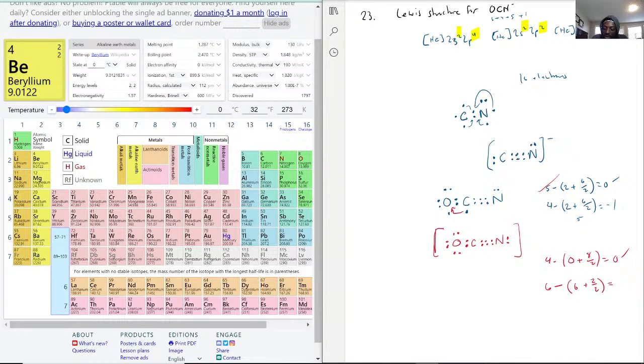That would be 7, so it'll be -1. And that's where that negative is on the oxygen. That's exactly why this whole thing is negative. So that is the Lewis structure for OCN.